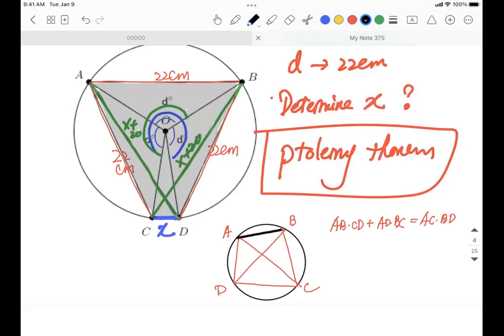AB, DC are the opposite two sides. AD, BC are the opposite two sides.